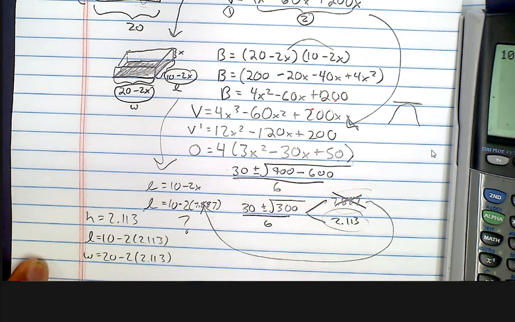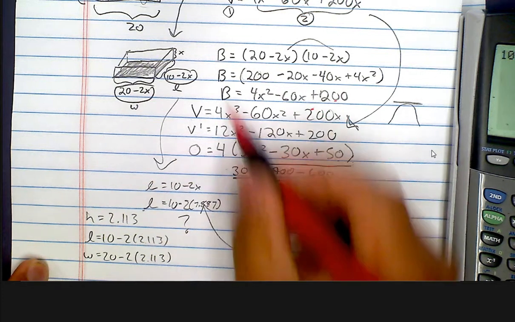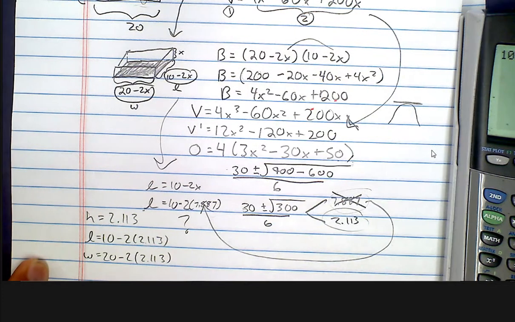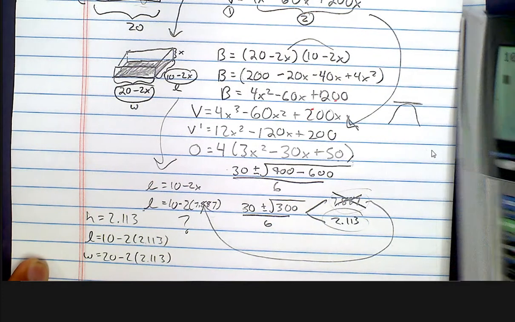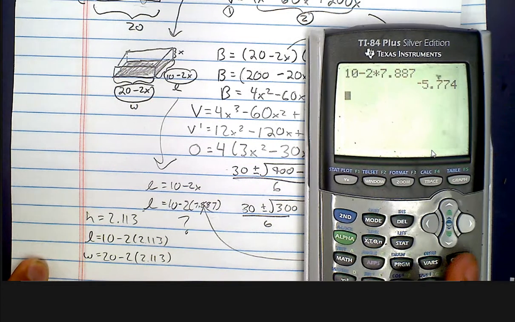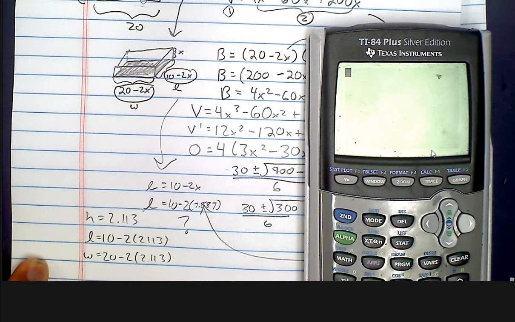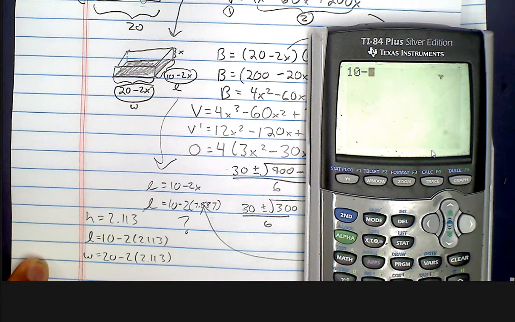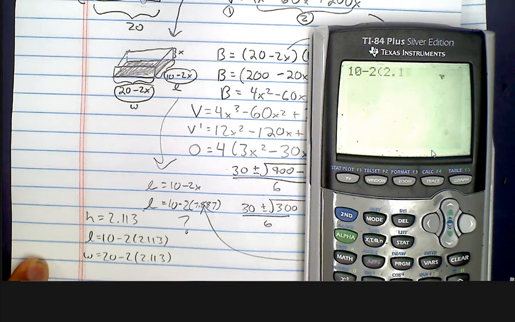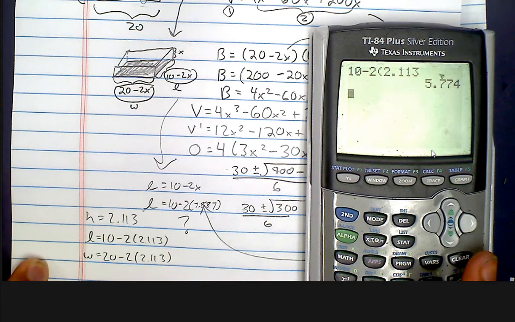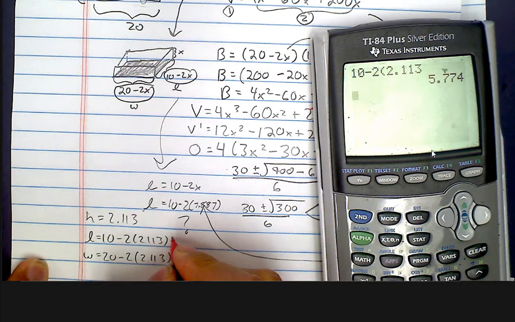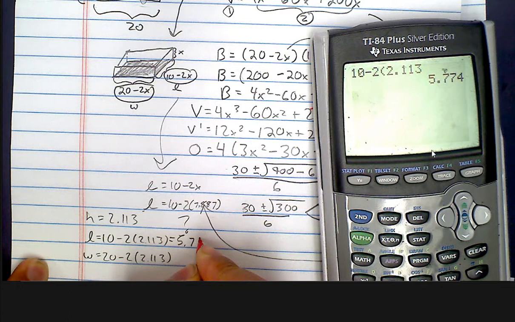Okay, obviously, because x is my height, right? So I'm going to go ahead and do that now. Alright, 5.774, 5.774. And of course this one's going to be 15.774.